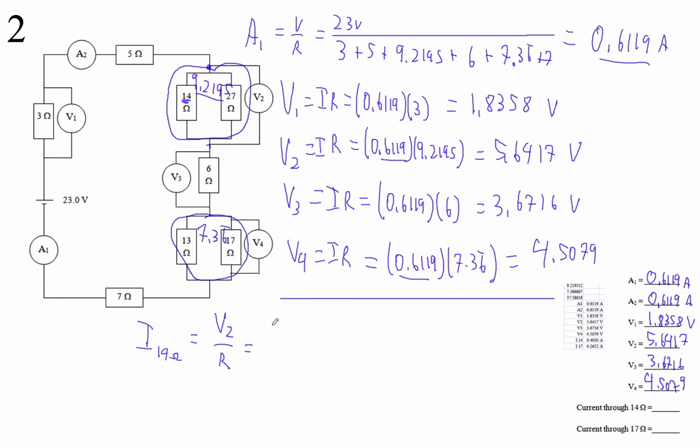So V2 is 5.6417, and we'll put the 14 there. If you're trying to find the current through the 27, you divide by 27. The current through this plus the current through that adds up to this. Okay. So I'm going to find that 5.6417. Boom, divide by 14. And I get 0.4030 amps.